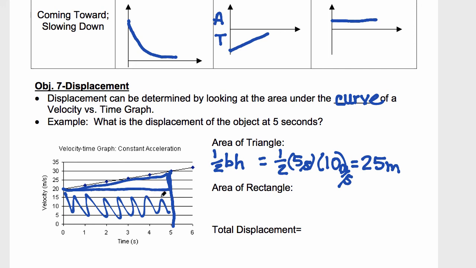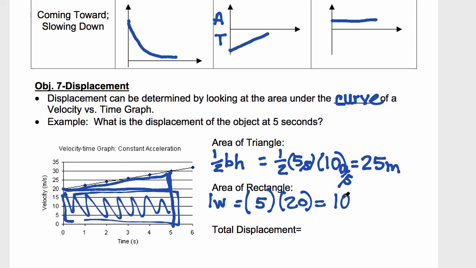Okay, the other piece that we have underneath the curve here is this rectangle piece. And we have to figure out the area of that, and that's just length times width. So we have the length, which is 5 seconds, and then the width, which goes from 0 to 20. So that would be 100. And again, meters.